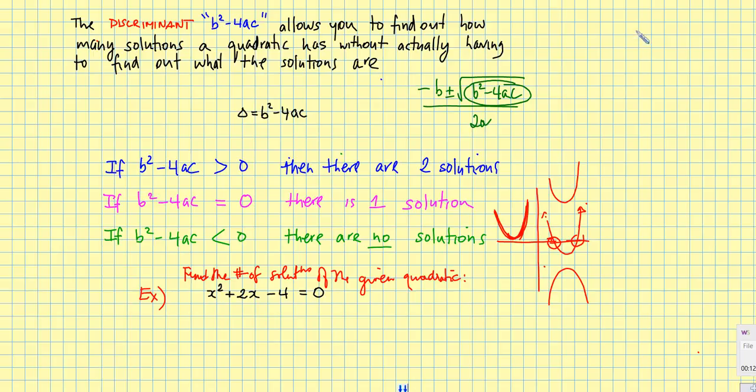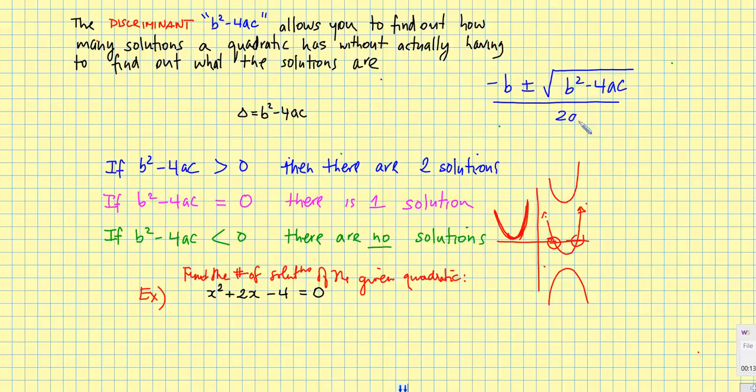So the part that goes underneath the square root sign in the given formula, let me just rewrite that, negative b plus or minus the square root of b squared minus 4ac, all divided by 2a, which is our quadratic formula, the part underneath the square root sign, the b squared minus 4ac, is called the discriminant.